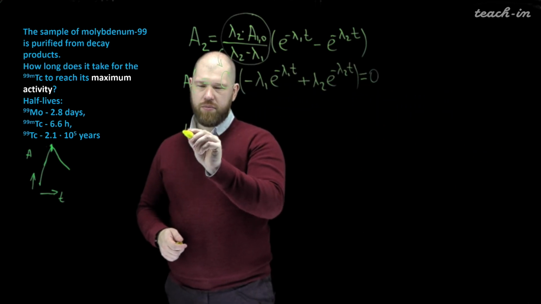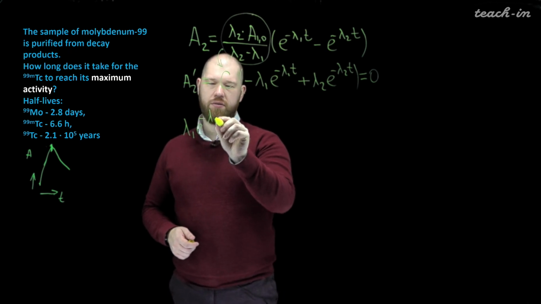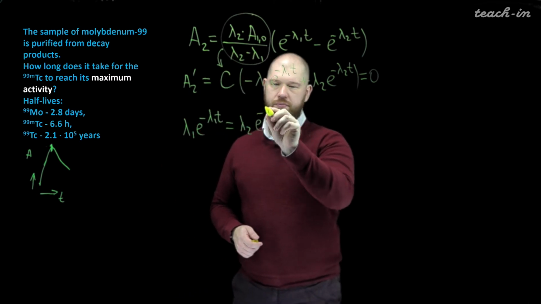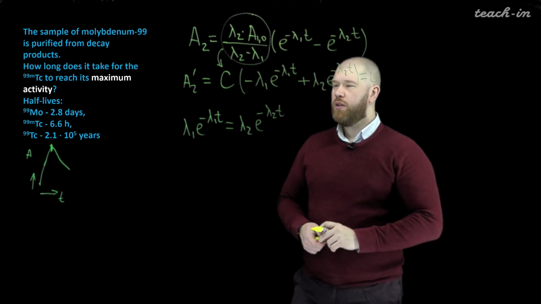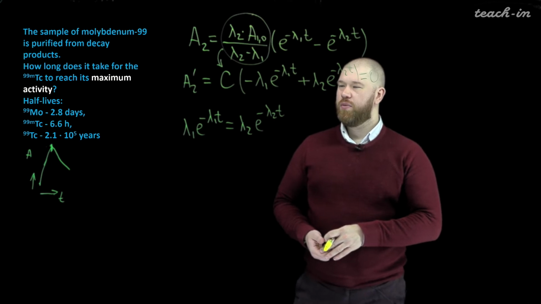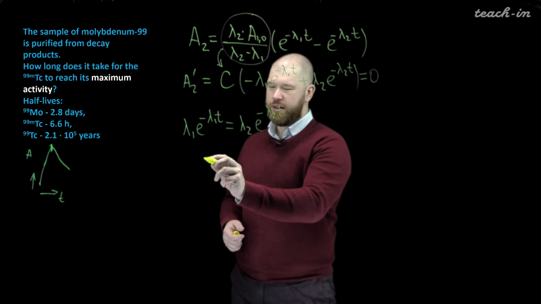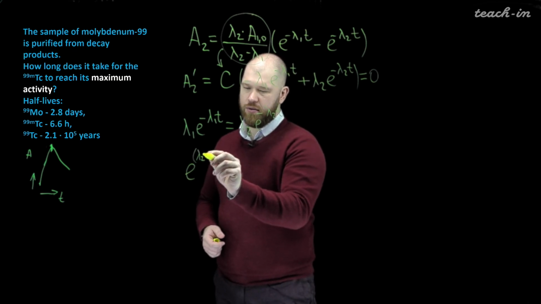And let's rewrite it like this immediately. So we will move all exponents to one side and other parameters to another side, and we will get this.